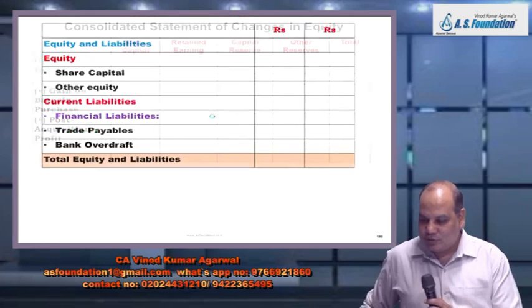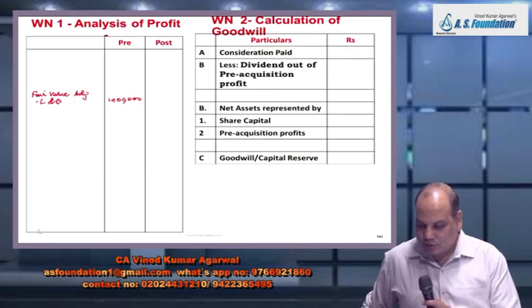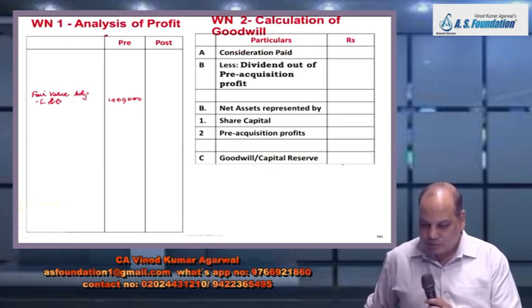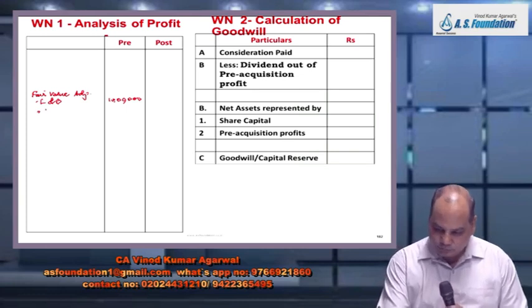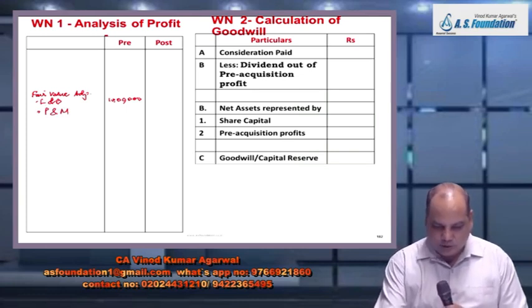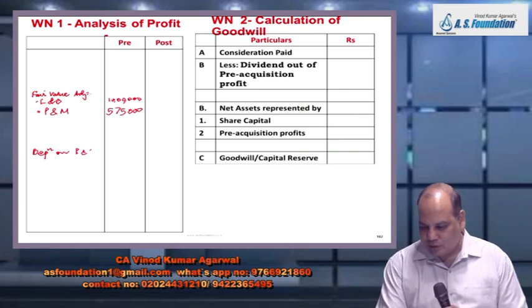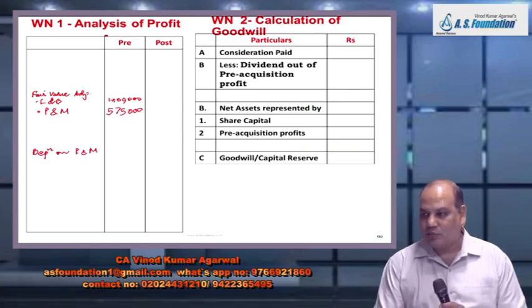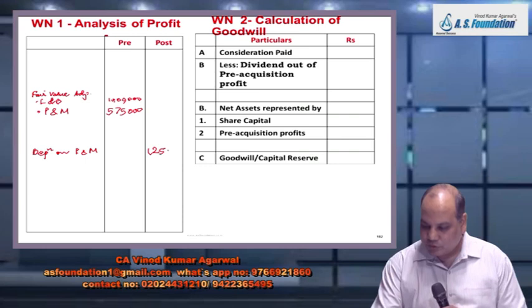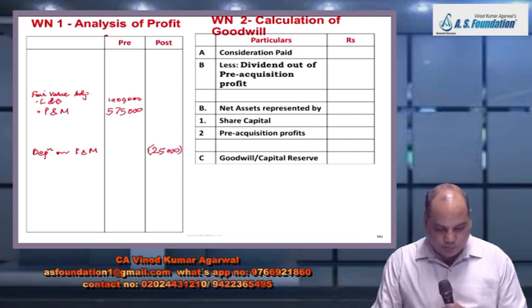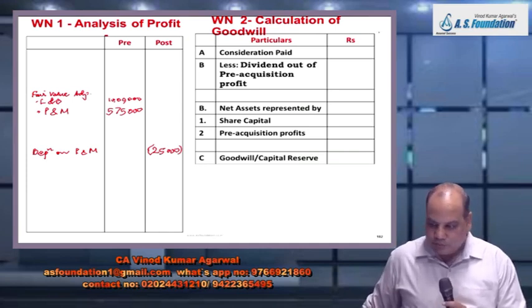And then you come to this fair value adjustment in here also. Right, fair value adjustment, plant and machinery 5 lakh 75,000. Keep 2-3 lines blank. Additional depreciation on plant and machinery. How much? 25,000. Okay, so this completes plant and machinery adjustment.